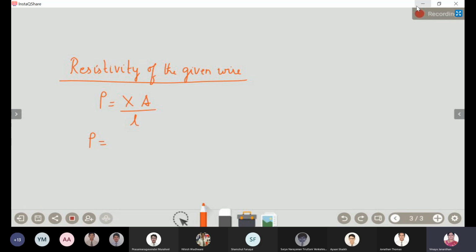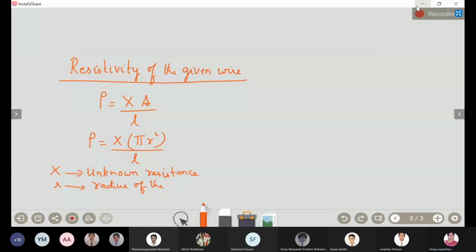So rho is equal to X pi r squared by L. X is the unknown resistance, r is the radius of the wire, and L is the length of the wire.